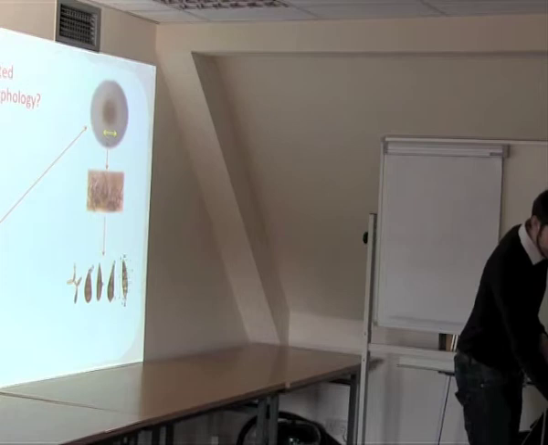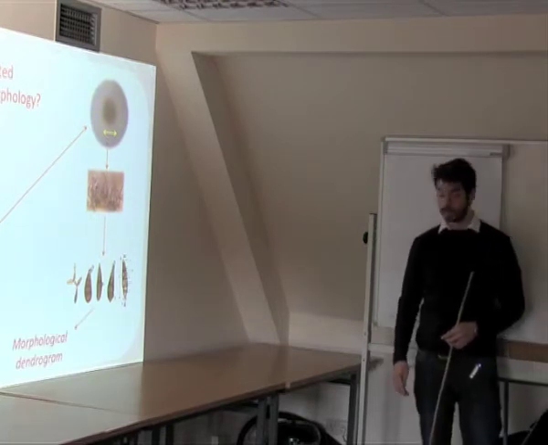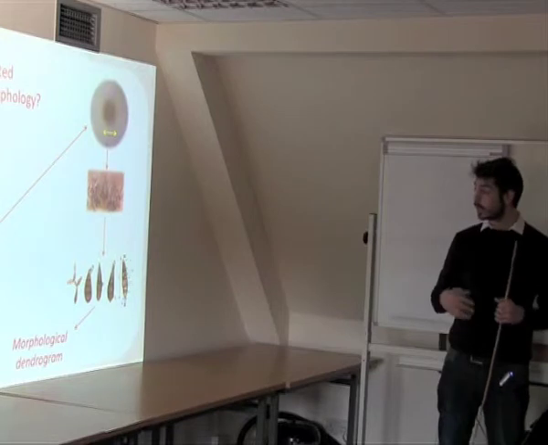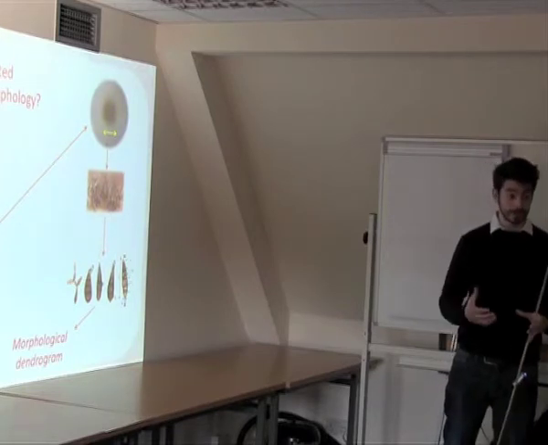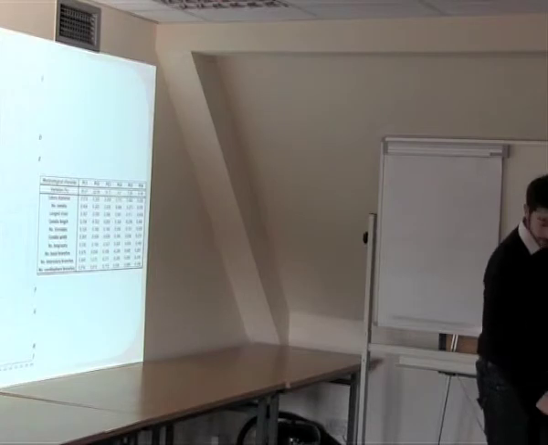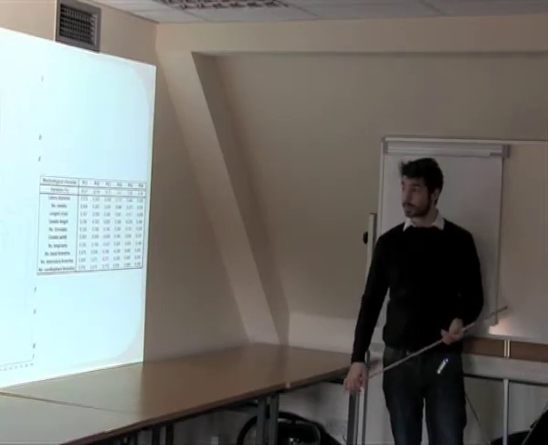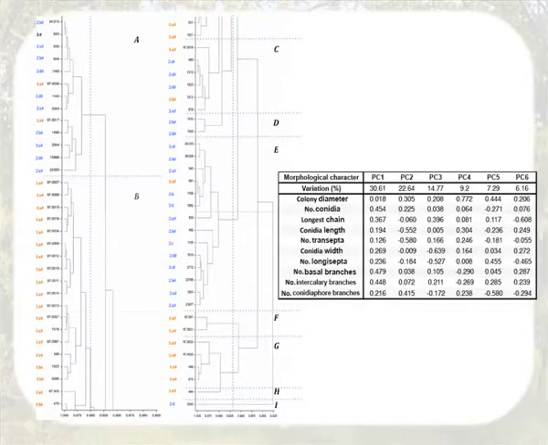We were able to put this together and construct a morphological dendrogram from which we could look at associations and clustering of different spore morphologies with each other. So with our constructed dendrogram, we were able to identify major clades within the dendrogram, set at an arbitrary similarity length of 95%. So the spore characters were 95% similar to one another, summarising 95% of the variation within the data set.